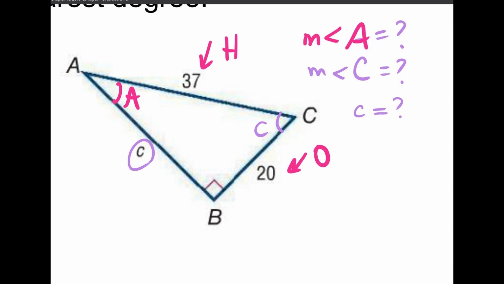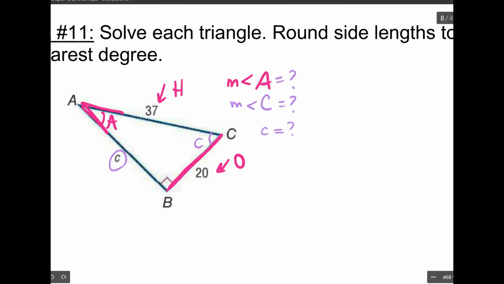How do you know? Because check it out, 20 is not touching any part of my angle A. It's not either one of the 2 sides that make up the angle. So if I'm wanting to solve for the angle, I have the opposite and hypotenuse. Which one should I use? Sine, cosine, tangent?